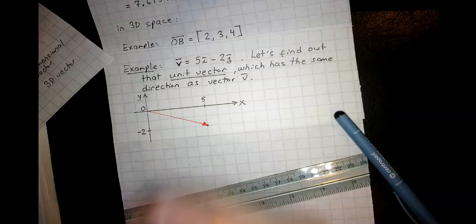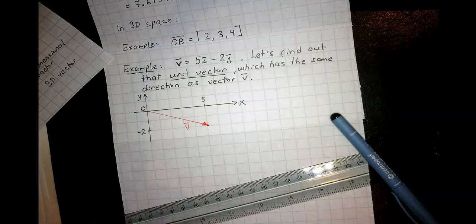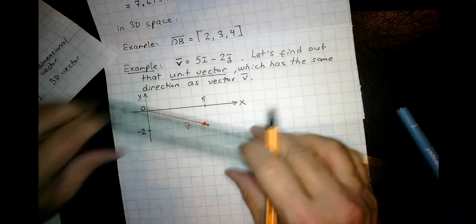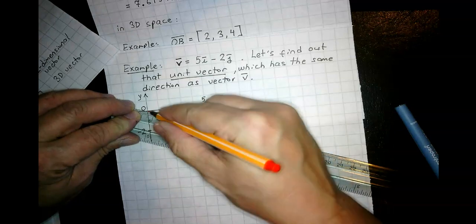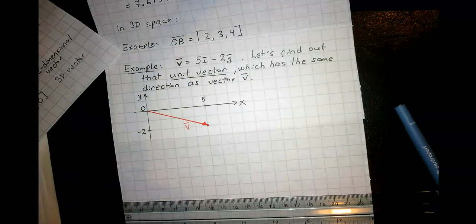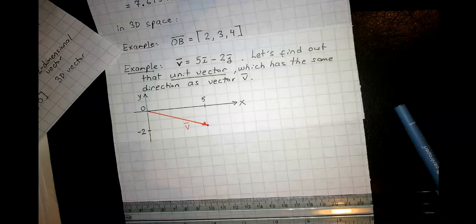This is called v, this vector. It has the same direction as this. I don't like my picture. Let's draw a little bit bigger. It has the same direction as this vector here, but it has length of 1 unit.